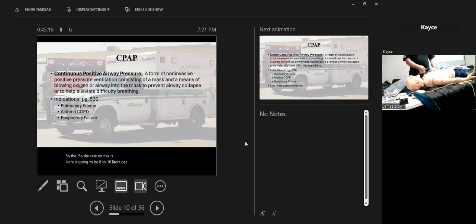It looks similar to what type of mask? It is a CPAP mask, but it looks really similar to a non-rebreather. The difference is it has this little webbing on it. The webbing is going to fit over the top of the person's head. What I like doing is just getting the bottom of it loose.